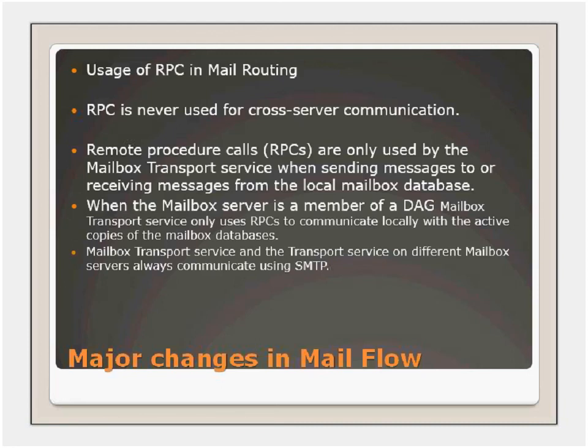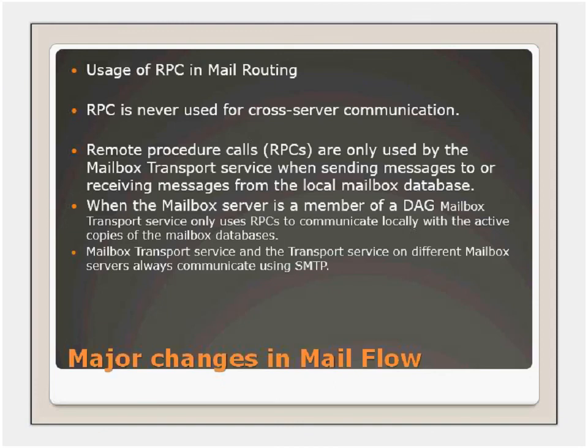So I think that gives a good idea. If the mailbox server is a member of a DAG, it is only going to use RPC if it has to communicate locally with the mailbox database.